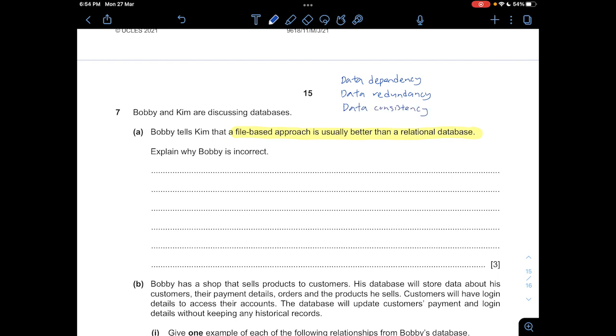So if you use a file-based approach, that means that the data independence itself is very low, right? And then data redundancy, there will be higher data redundancy because if you store using a file-based approach, there'll probably be 2 or 3 files with the same copy of the data, which uses up more space.